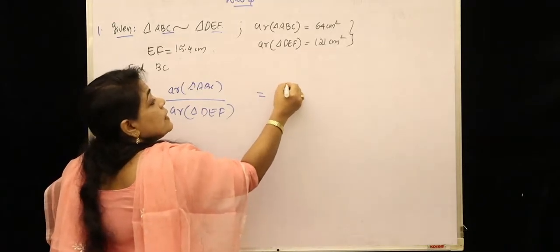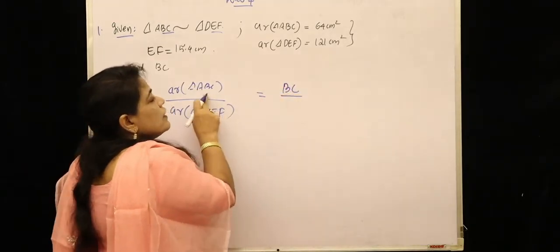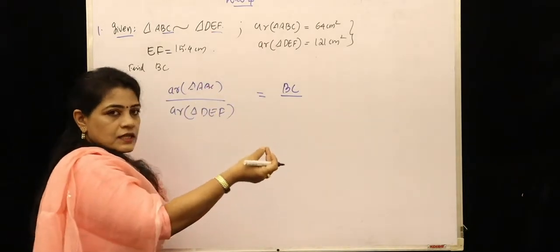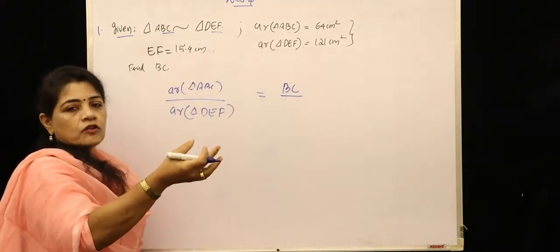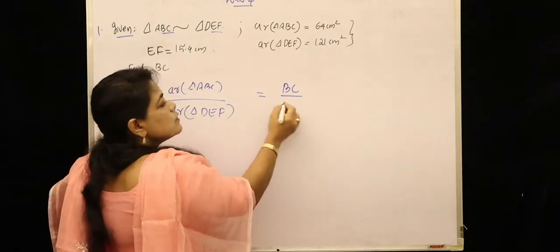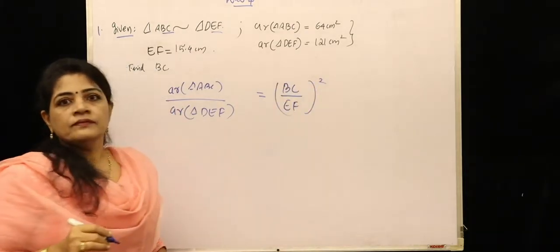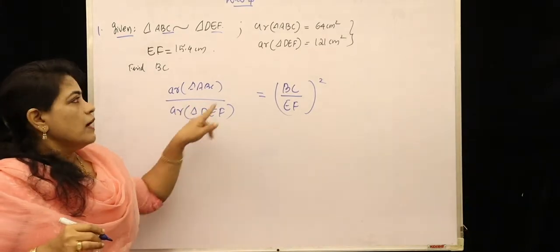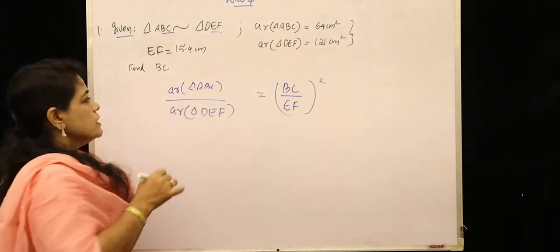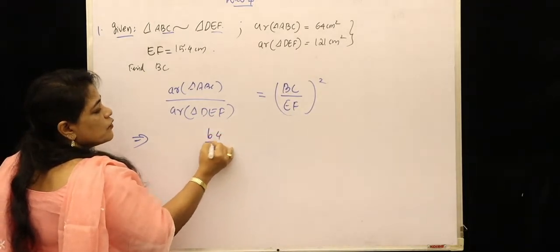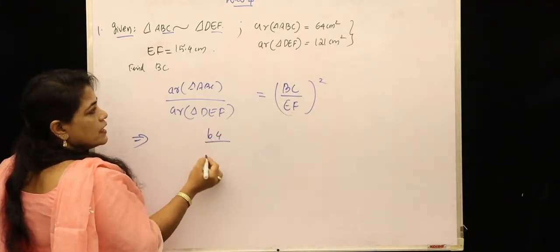If we are writing triangle ABC in the numerator, you have to write its corresponding side, BC, as the numerator of the RHS also. So BC by EF, and its square. Now we are going to substitute the values given in the question itself. That means the area of triangle ABC is 64, divided by the area of triangle DEF, 121.